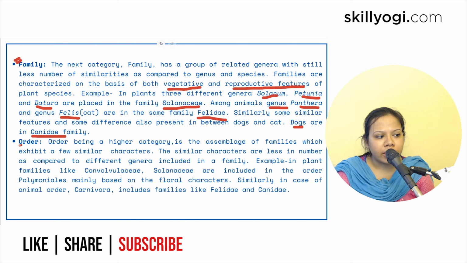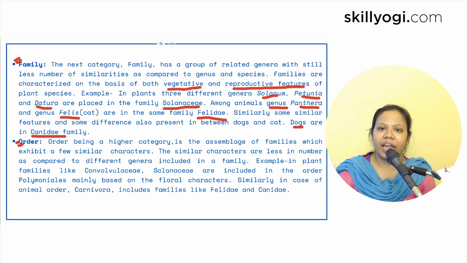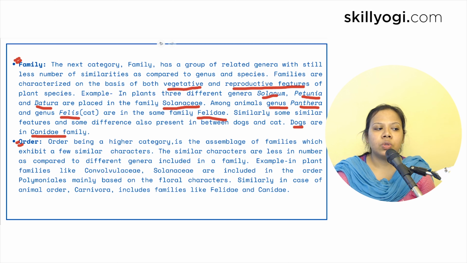The next one is order. This is a higher category than family. Order comprises different families. In case of plants, Convolvulaceae and Solanaceae are in the same order, that is Polemoniales.